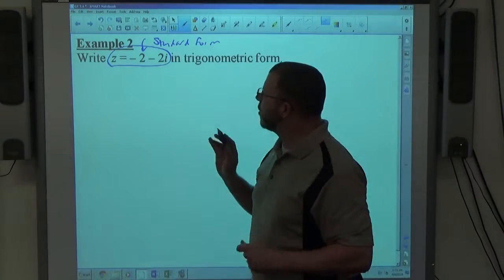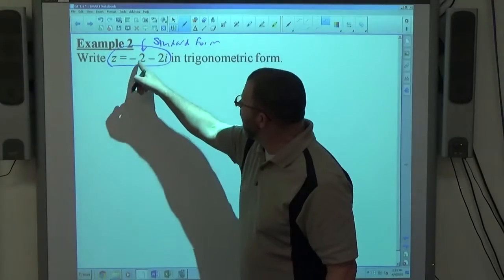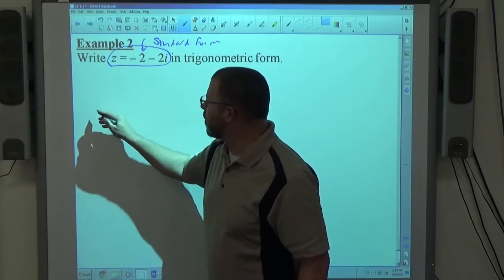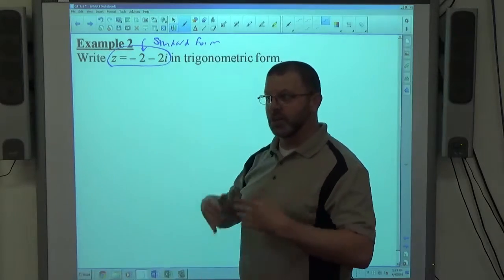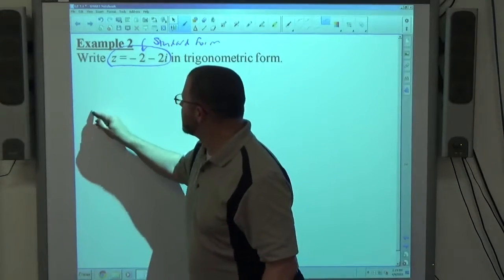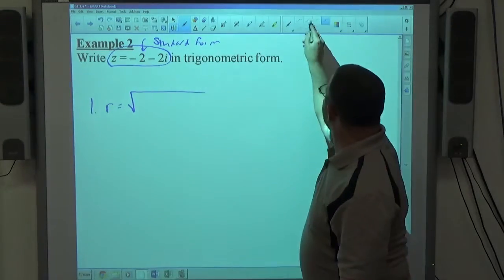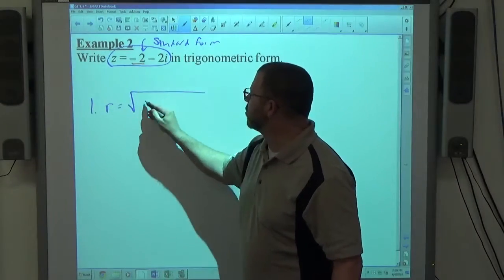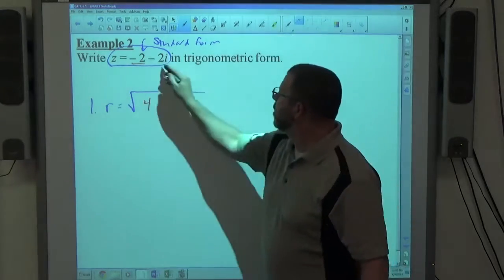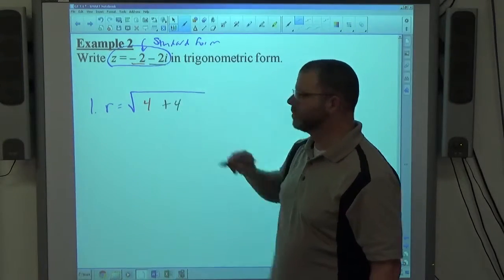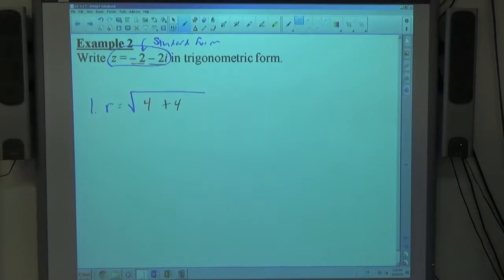All right, so first thing I want to notice here is negative 2 minus 2i, if I'm following my 3-step process for changing into the polar trigonometric form. Step 1, r is going to equal the square root of, and then I'm just going to square both of these numbers. 2 squared is 4. 2 squared is 4. There are no i's or negative signs when you're squaring things.